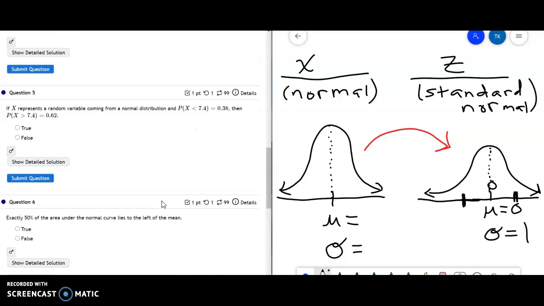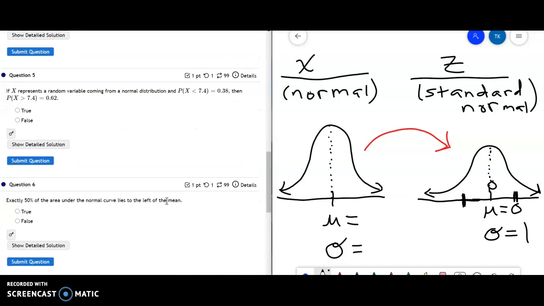Scrolling through here some more, in question 5, it says if x represents a variable from a normal distribution. So now we're in the first picture. We're not in the standard normal, we're just in the regular normal. If x is less than 7.4, that means along this x-axis along the bottom here, you would plot a 7.4.